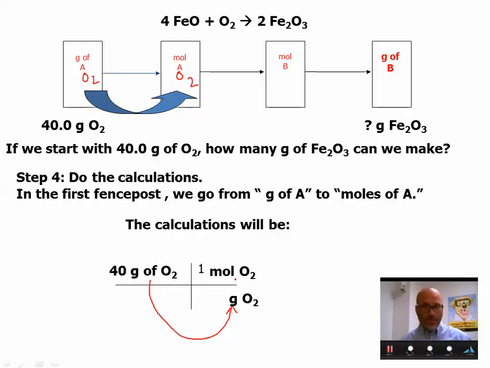That's the molar mass. So the molar mass of oxygen is 32 because we have 2 oxygens, and we look on the periodic table, every oxygen is 16, so that is 32 grams. So that's our first calculation. This converts grams of oxygen to moles of oxygen.